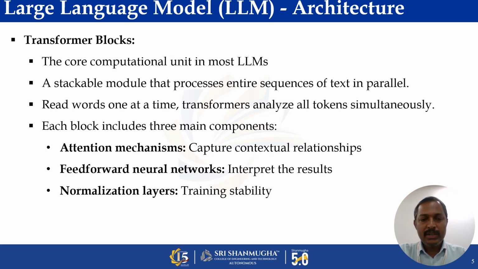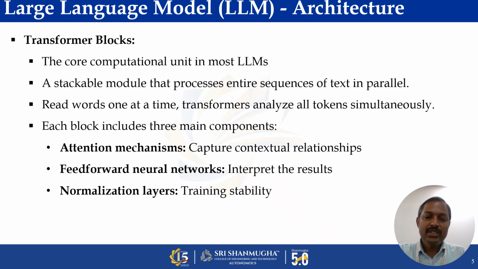What is the attention mechanism? It captures contextual relationships between tokens. The feed-forward neural network interprets the results. This feed-forward neural network has multiple layers, with the help of which the model is trained.